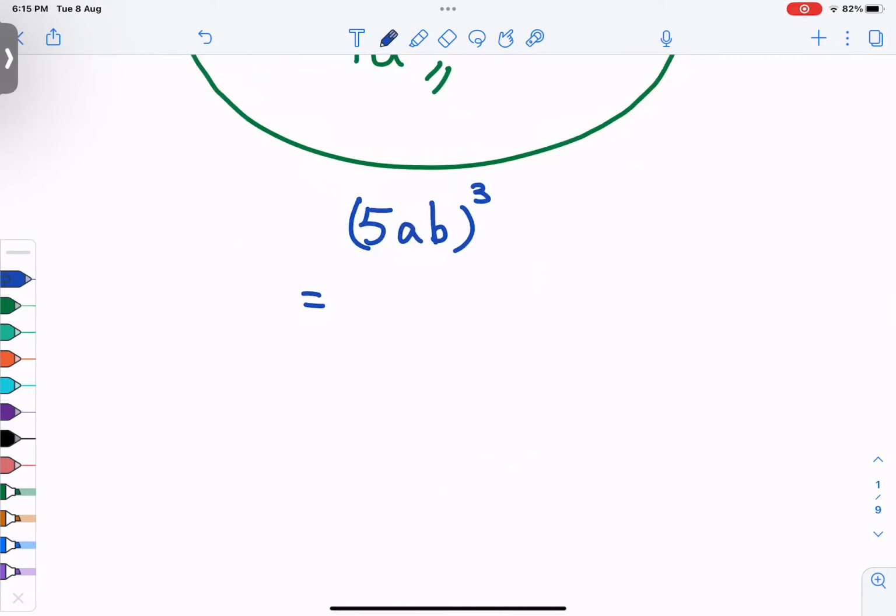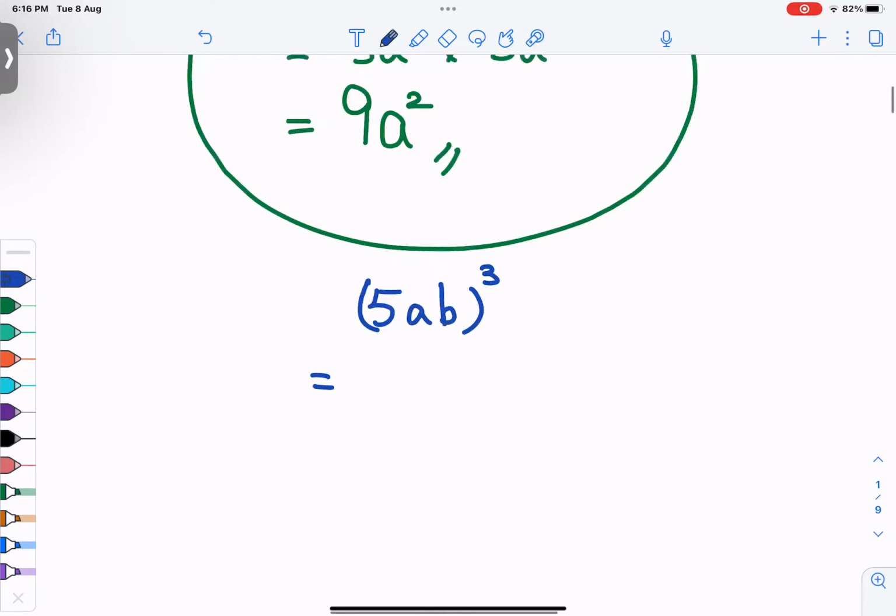5ab cube. Uh, 125 A cube B cube. Yeah, good.